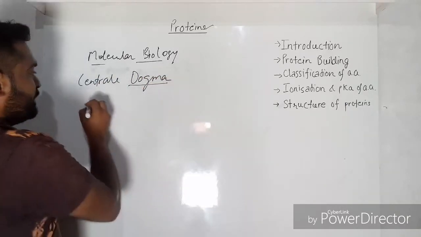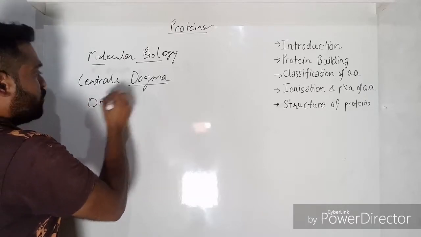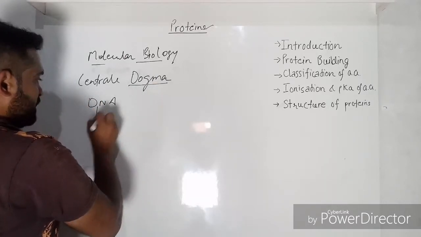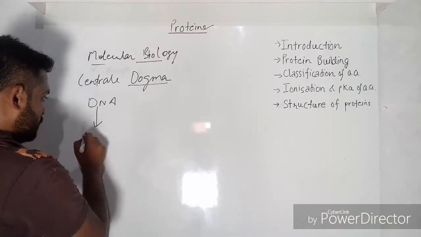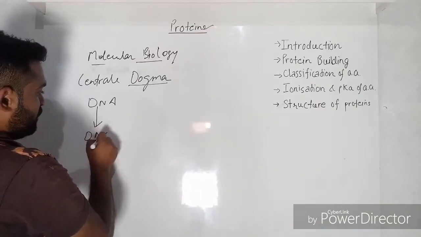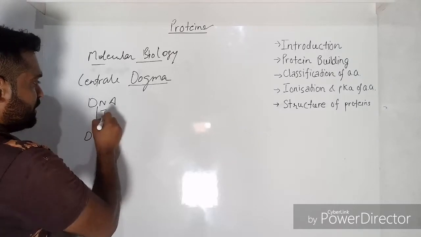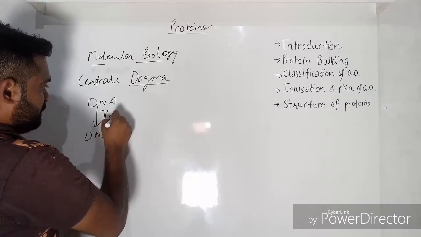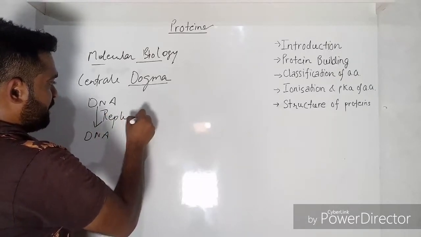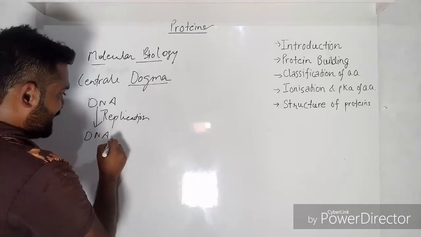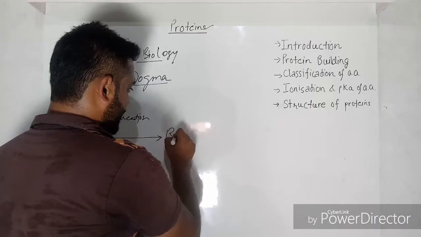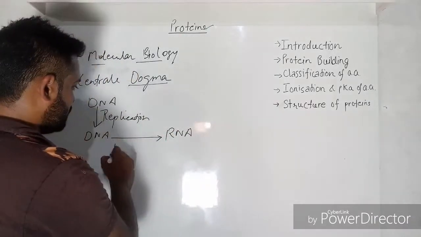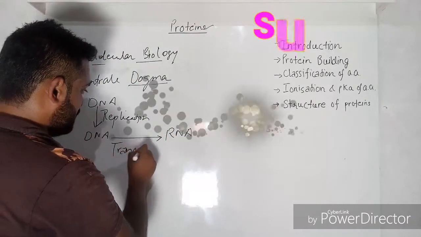That is, we have DNA, okay, a copy of DNA which is doubled or copied to another DNA molecule, and this is known as replication. This is the first step. After this, the DNA is transcribed into RNA, and this is known as transcription, okay.